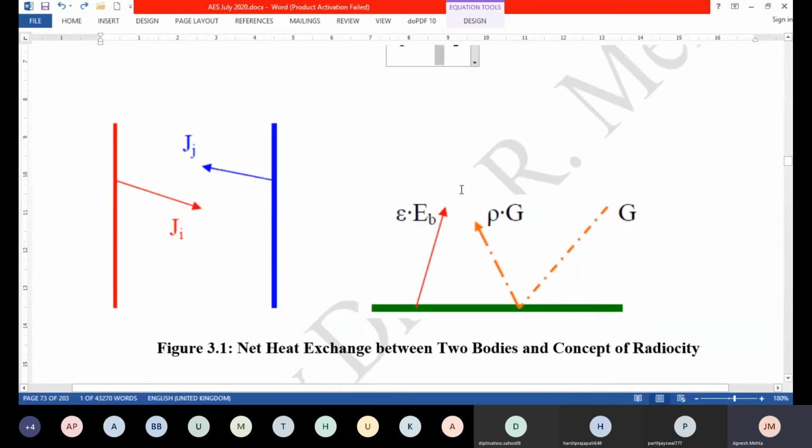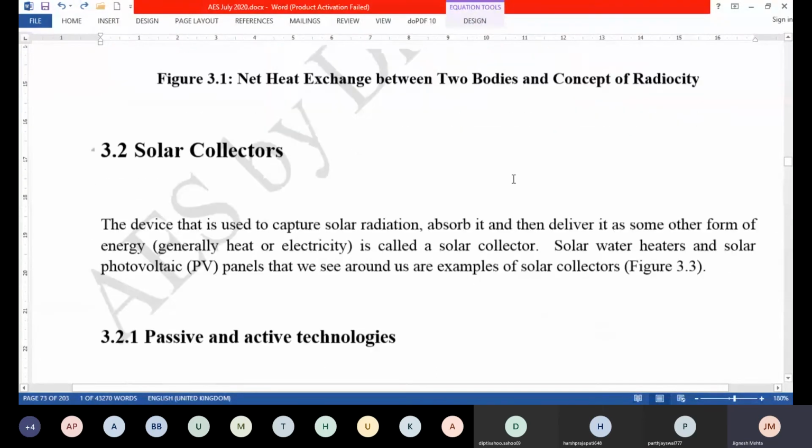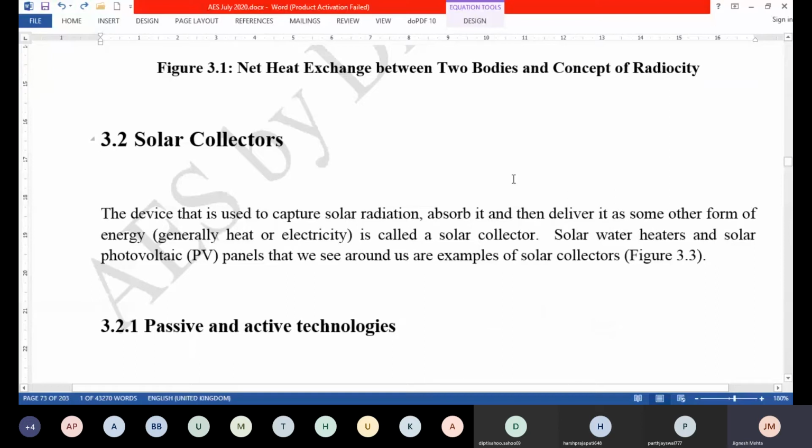So these things have been depicted with the help of diagrams here. These are the very basics of the different modes of heat transfer. It is just a very basic introduction and recap of what you might already know from the basics that you have studied at perhaps two levels, one at the higher secondary level or secondary level, and at your diploma level.